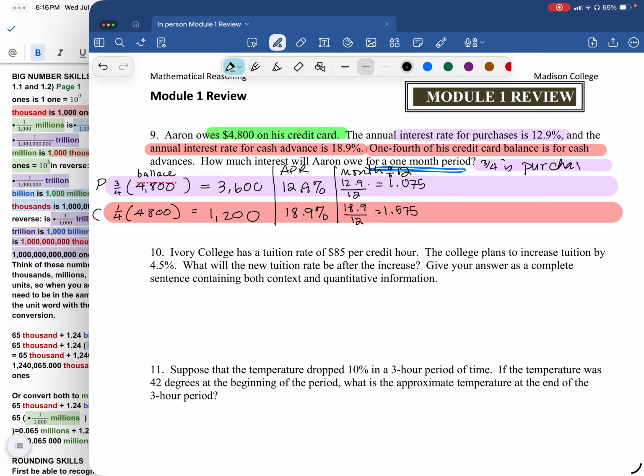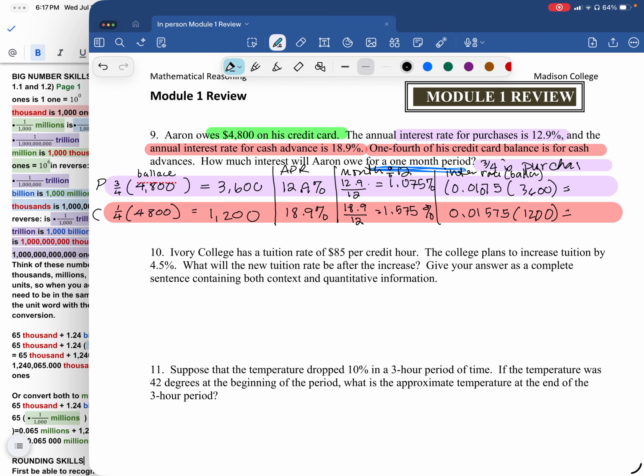So how much interest? Interest is rate times balance. Now remember, this is a percent here. So we have 0.01075, there's a missing 0 there, and then we have 0.01575, times 3,600, and here times 1,200.